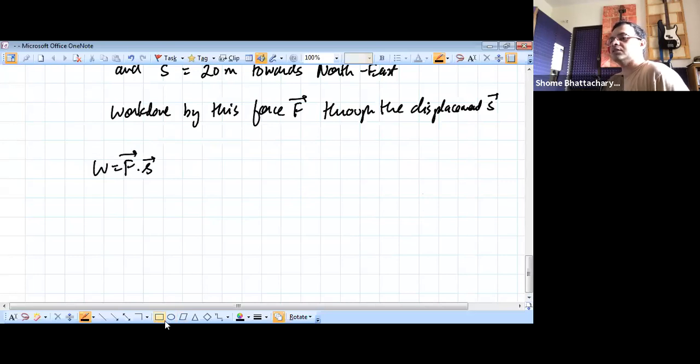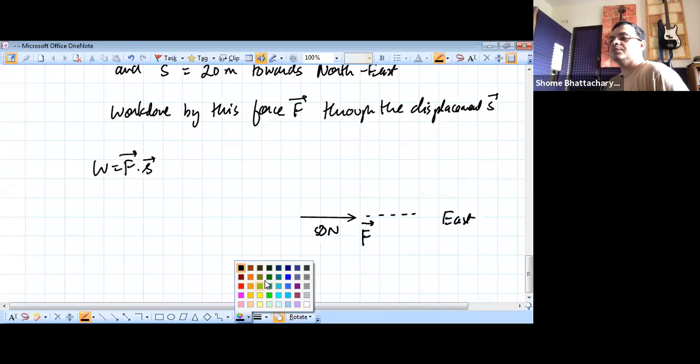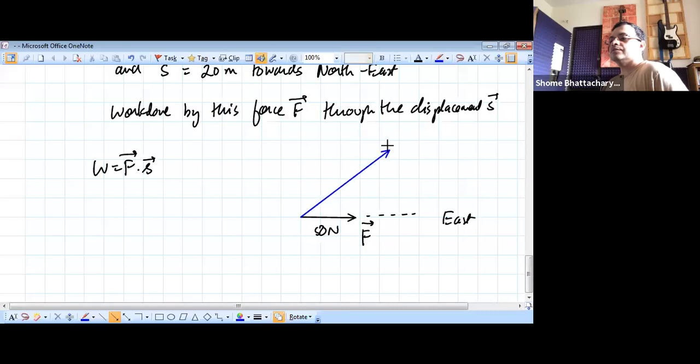F dot S. So the force is a vector which is of magnitude 50 newtons, acting towards east. And the displacement, according to the information given, is a displacement of 20 meters acting in the northeast direction.